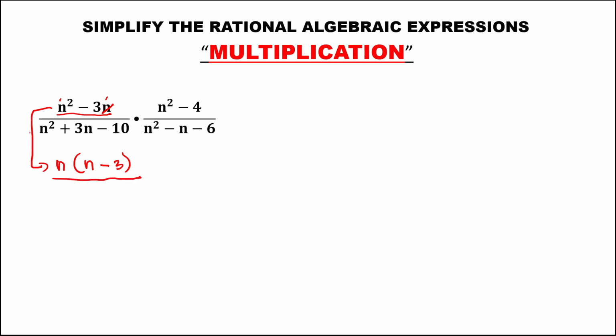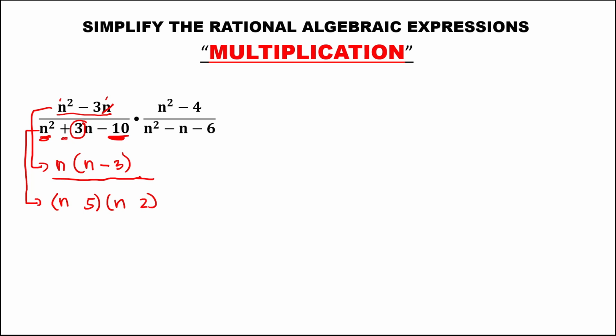Then over, for this denominator, using quadratic factoring, the factors of n squared are n times n, and the factors for negative 10 are 5 and 2, because 5 minus 2 is 3.